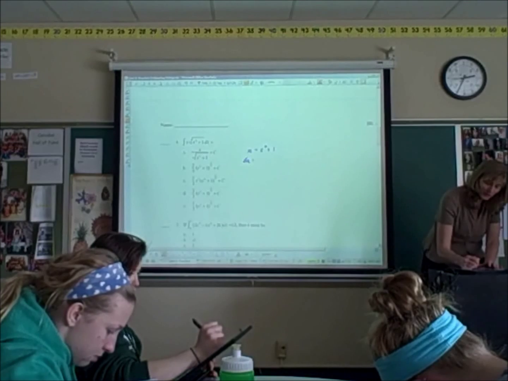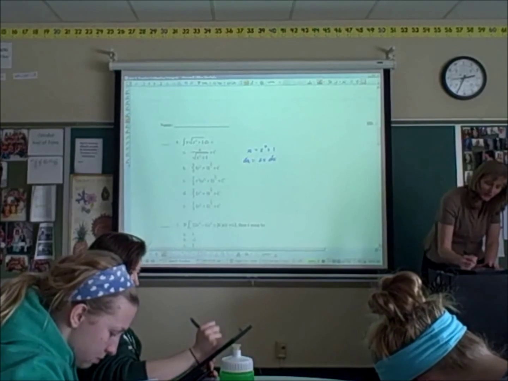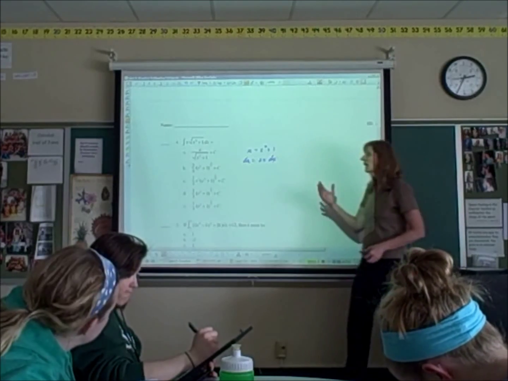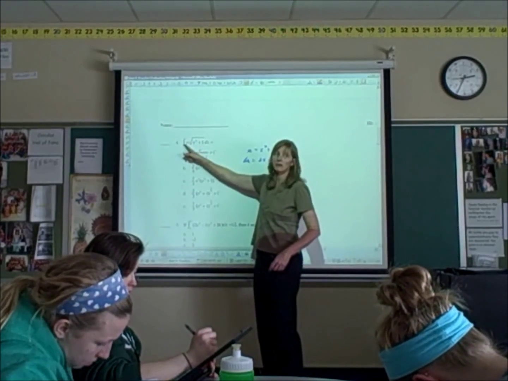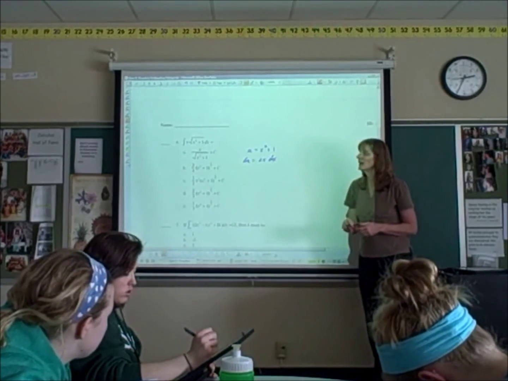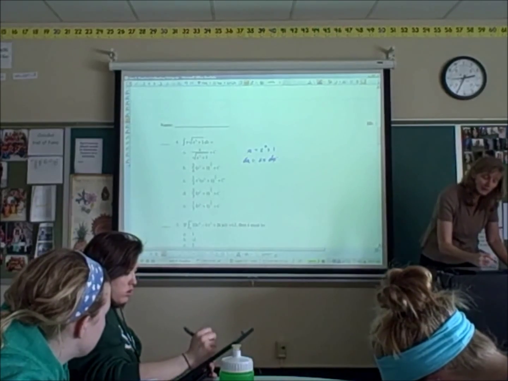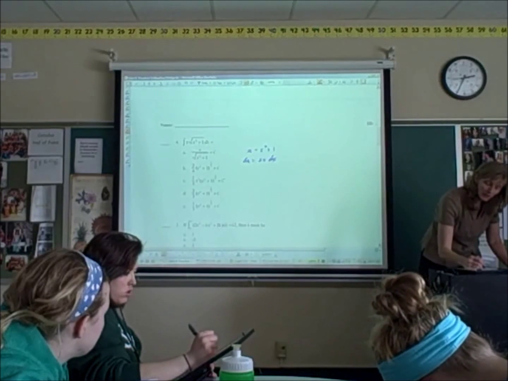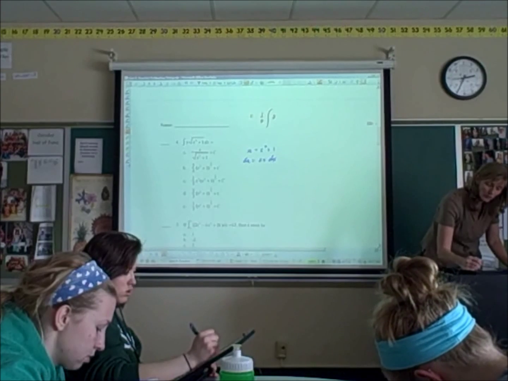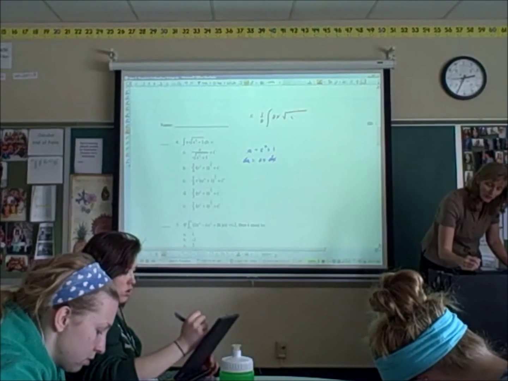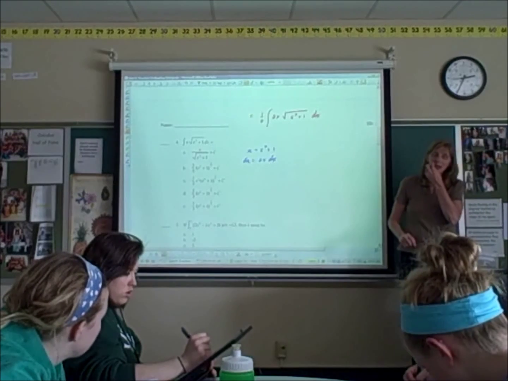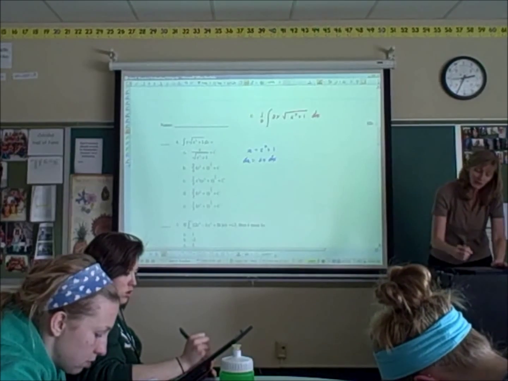If you do the derivative of this, is the derivative found somewhere in that integrand? Yeah, kind of. It's got an x at least. You're not allowed to add variables, but you can add constants. So I'm going to go ahead and add a 2 into there, but balance it with a 1/2 out front. So this is going to be equal to half times the integral of 2x, the square root of x squared plus 1 dx. Take everything one step at a time so you don't make mistakes.